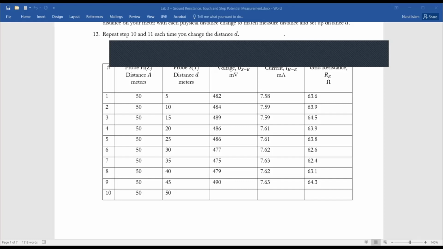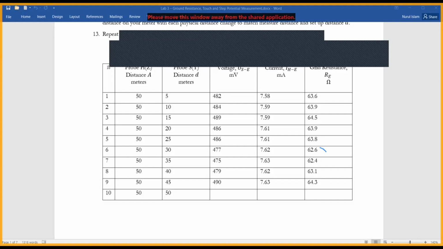So definitely your ground grid resistance for this data will be close to 62.6, between 62.6 and 62.4. If you take the average of these two, that will be fine. Okay, I'll consider that. Yeah.